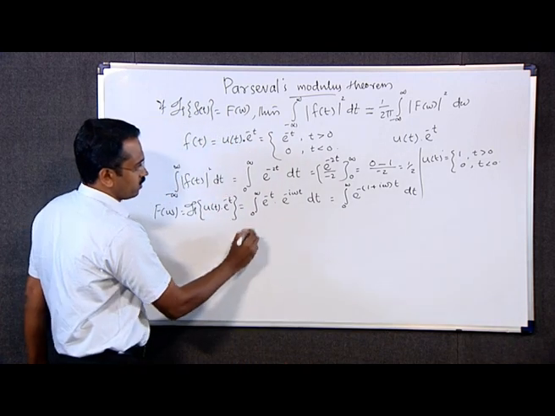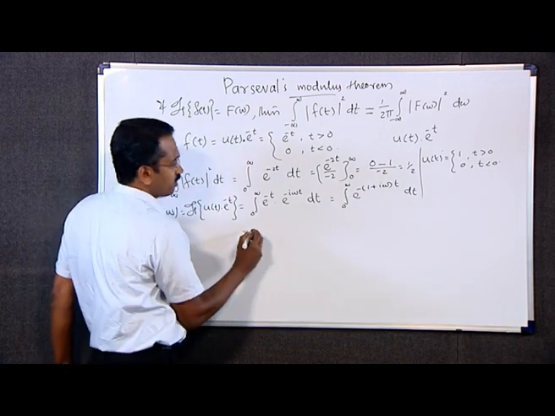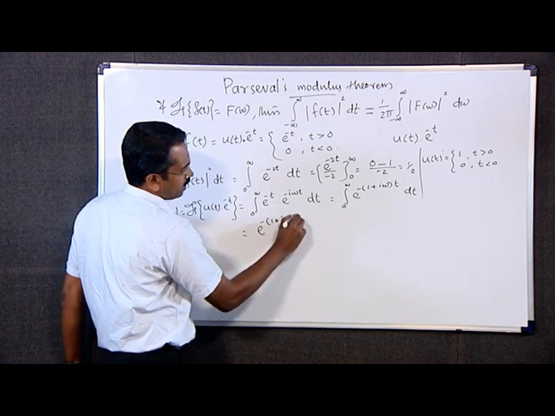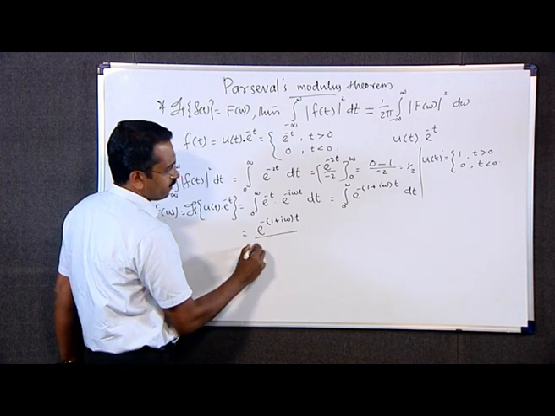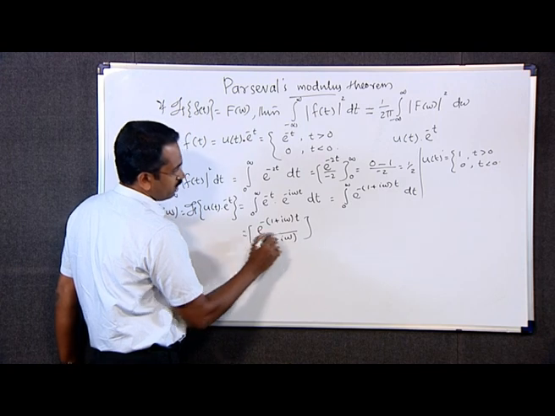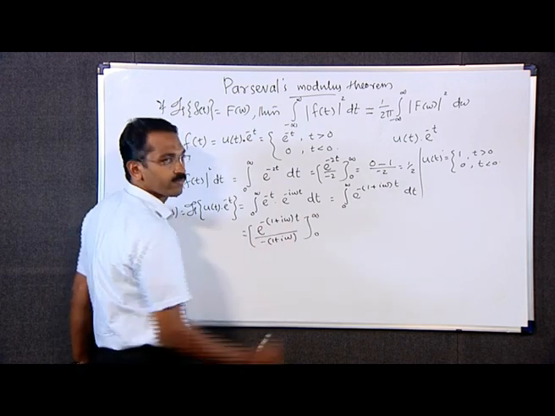That is, on integration we get e raised to minus of 1 plus i omega t divided by minus of 1 plus i omega between the limits 0 and infinity.